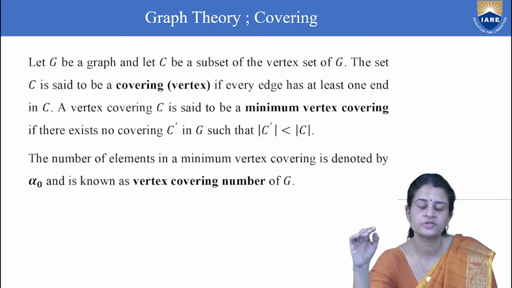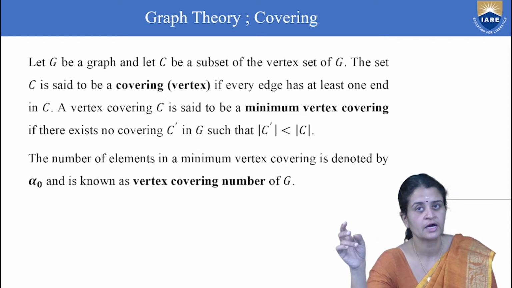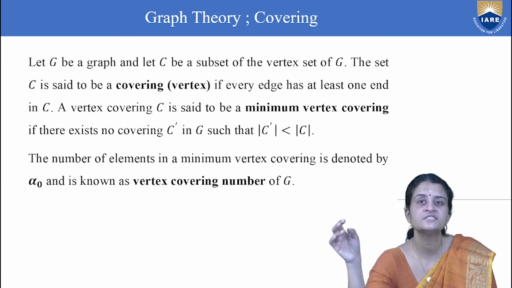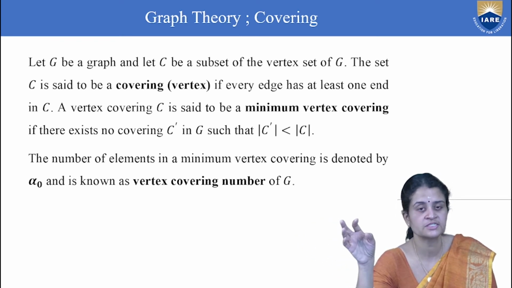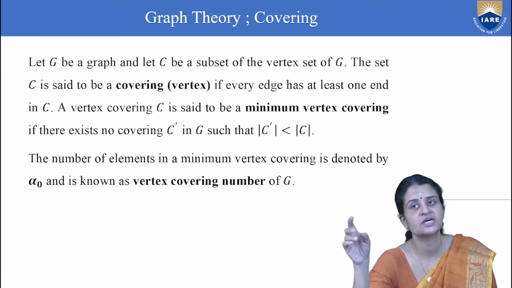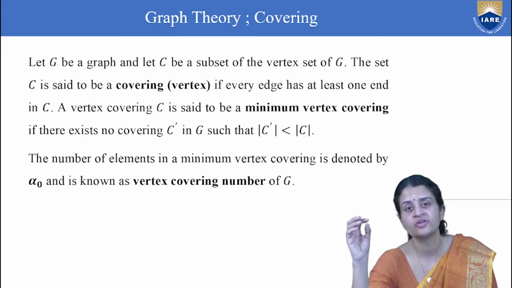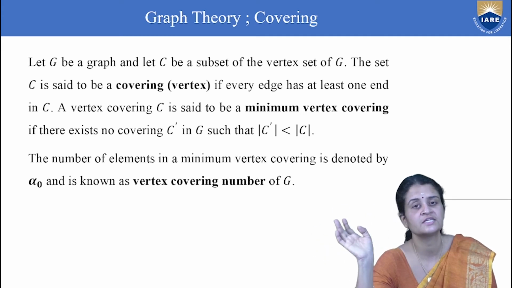But now we will see what vertex covering is. Let G be a graph and C be a subset of the vertex set of G. C is said to be a vertex covering if every edge has at least one end in C. We have seen that in edge covering, every vertex is an endpoint of at least one of those edges.